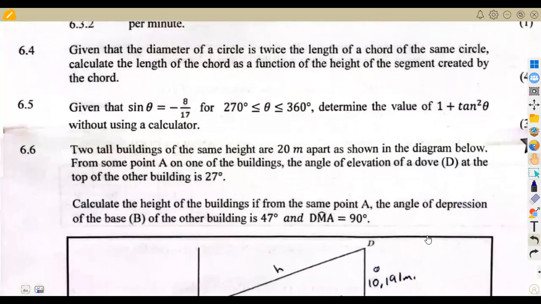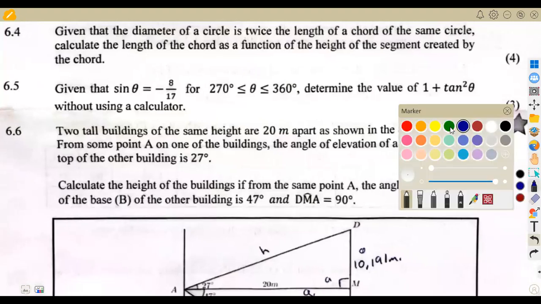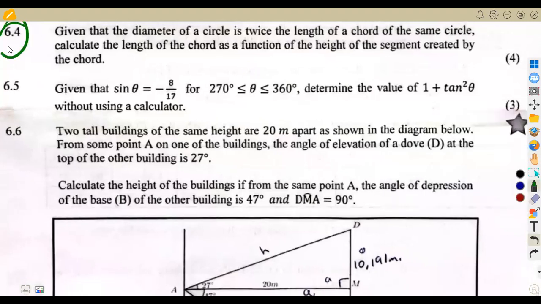6.4, this question, let's see. They are saying here, let's save it properly. Given that the diameter of a circle is twice the length of the chord of the same circle. All right.